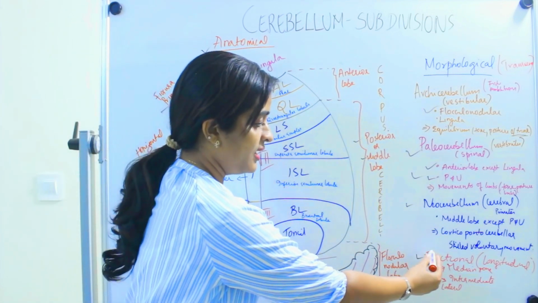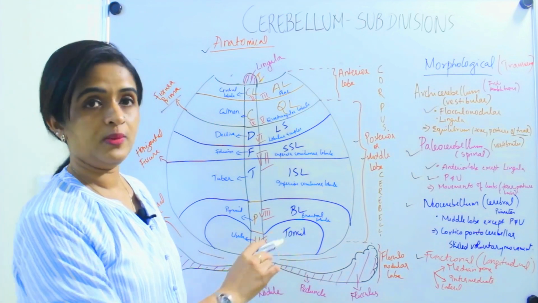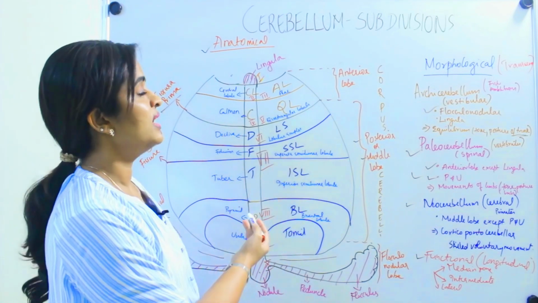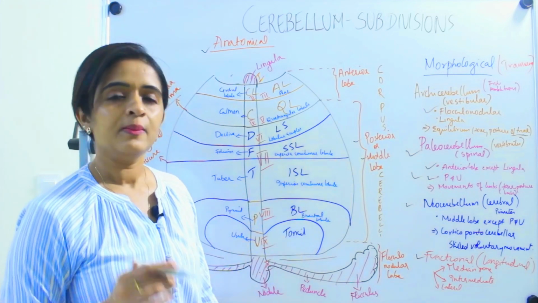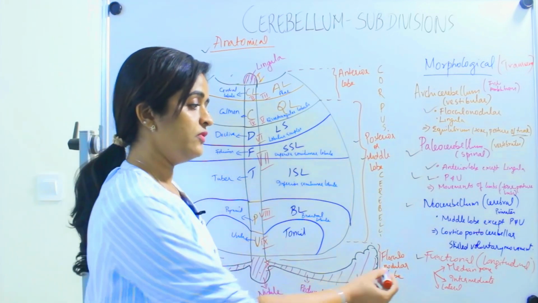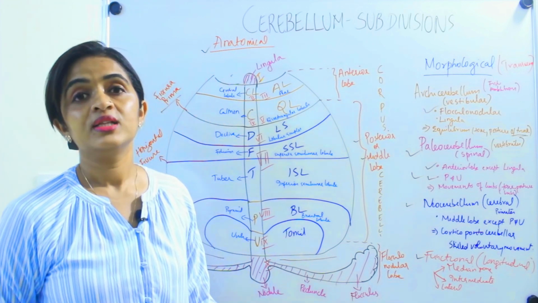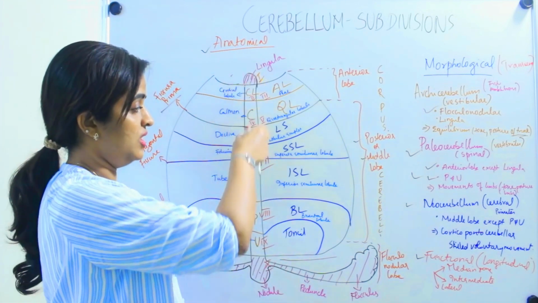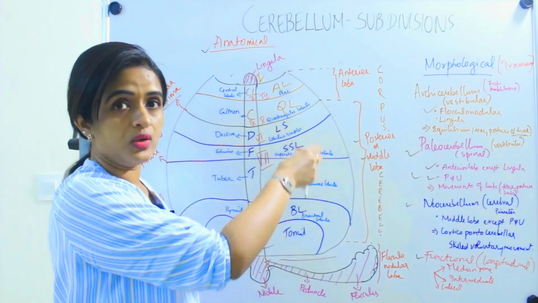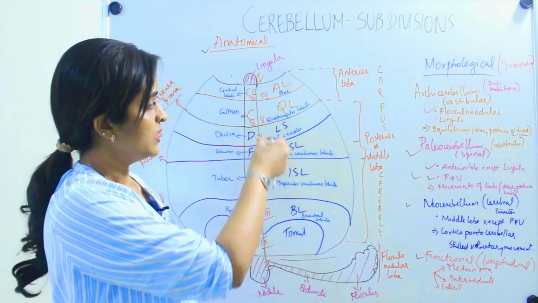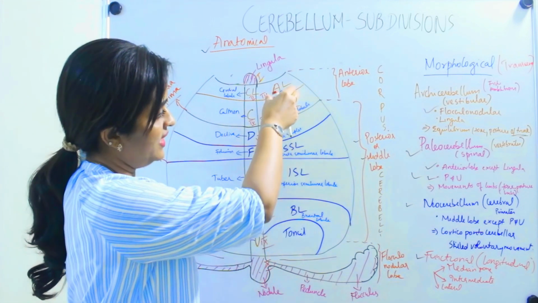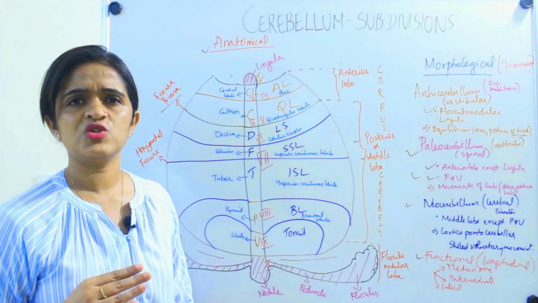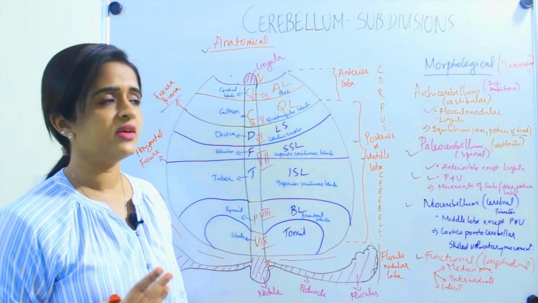Then another classification of the cerebellum, which is important for postgraduates. For undergraduates, we expect these two classifications, mainly the anatomical as well as the morphological. But for postgraduates, you have to mention the functional classification as well, where the cerebellum is arranged in the form of longitudinal zones. How will you divide it? You have a median zone, an intermediate zone, and a lateral zone. On what basis is this classification made?